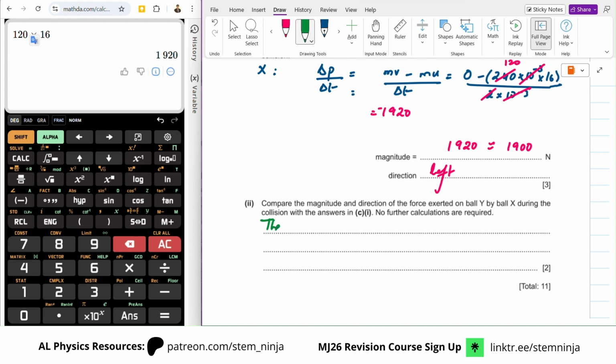So the magnitude of force exerted by X on Y is same as Y on X, but in opposite direction.